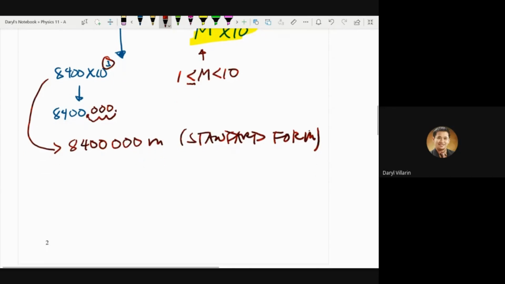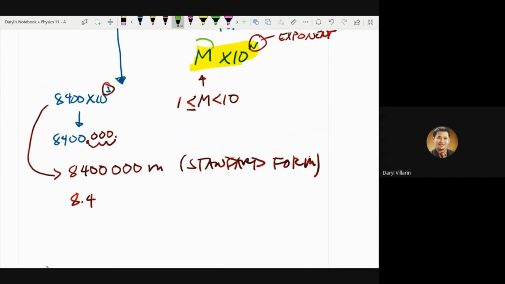But if you're going to express this as a scientific notation, it would be equivalent to 8.4. Remember that m should not be greater than 10. It should be less than 10 but greater than or equal to 1. So you choose 8.4.